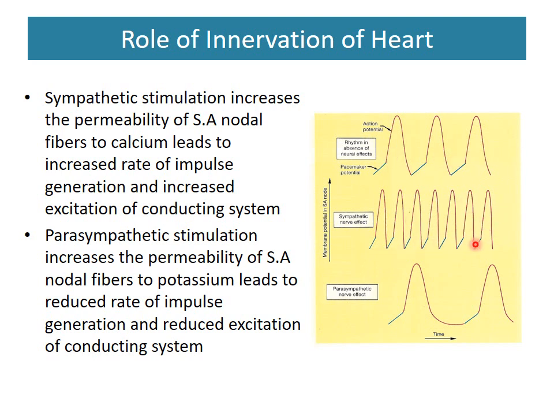This is the normal one. Parasympathetic, while, increases the permeability of SA nodal fibers to potassium at the repolarization stage, leading to reduced rate of impulse. You can see this bradycardia and reduced excitation of conductive system.